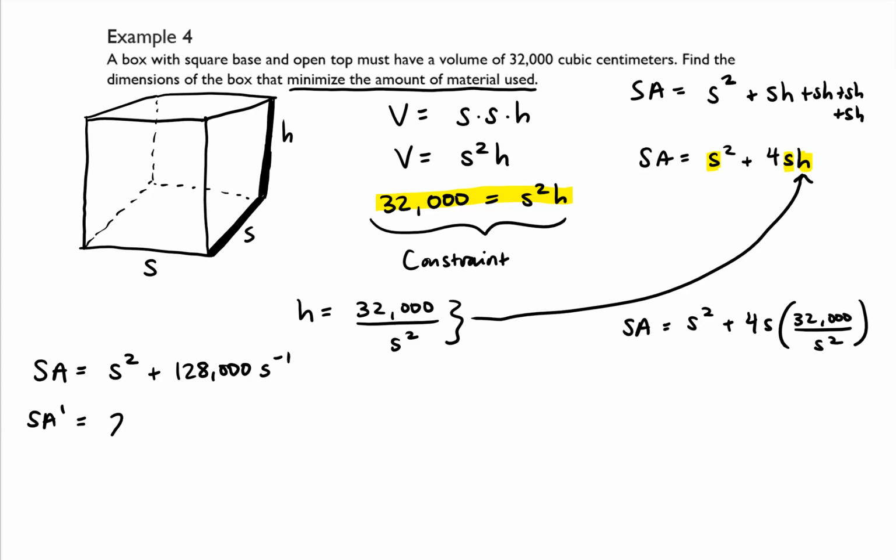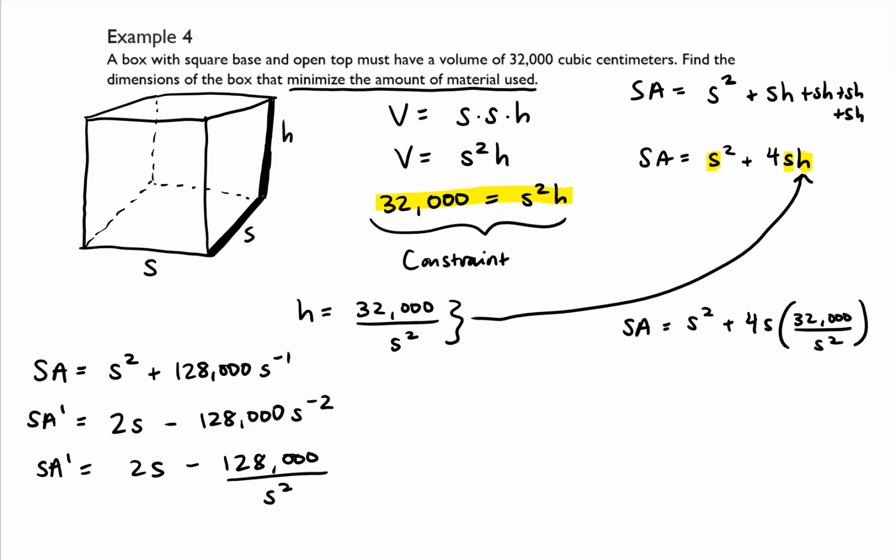Now, if we're going to minimize the surface area, I'm going to go ahead and take the derivative of it. So we get 2s minus 128,000 times s to the negative 2 power, which if we rewrite that, that's 2s minus 128,000 over s squared. And we want to find a common denominator.